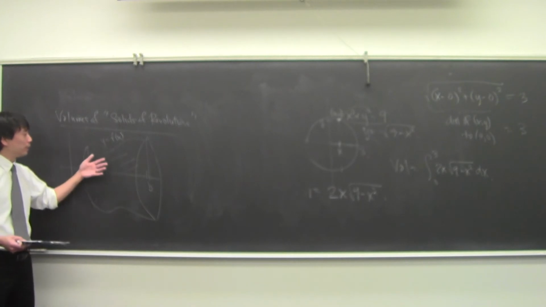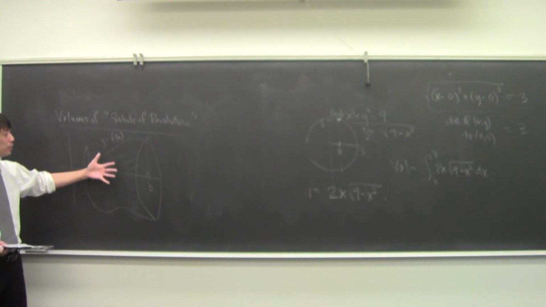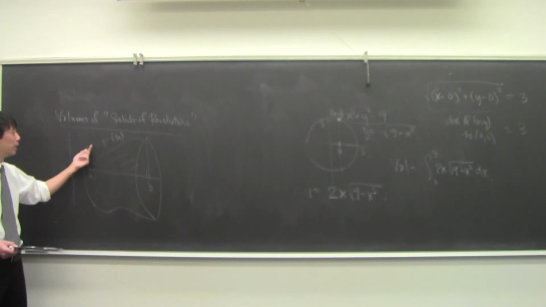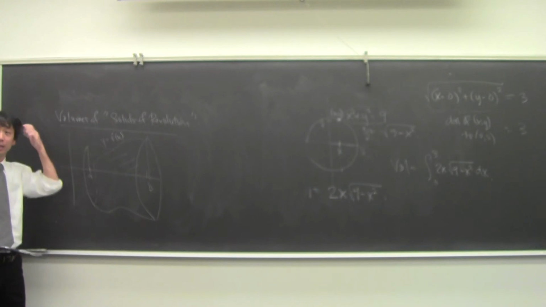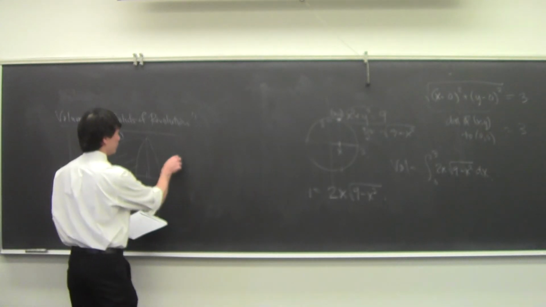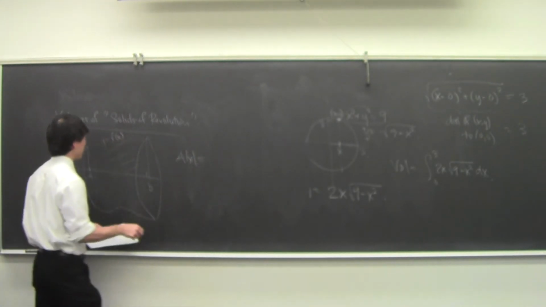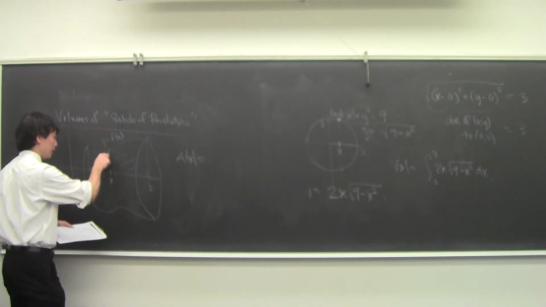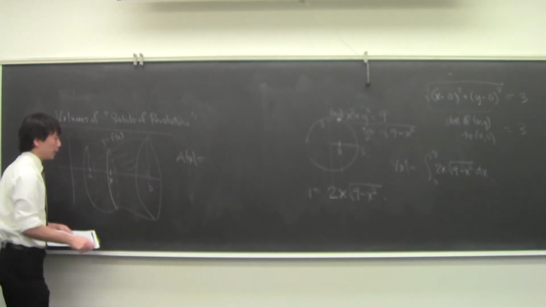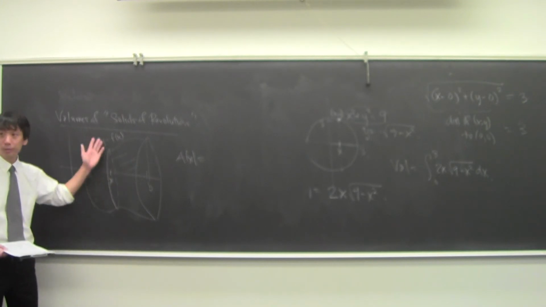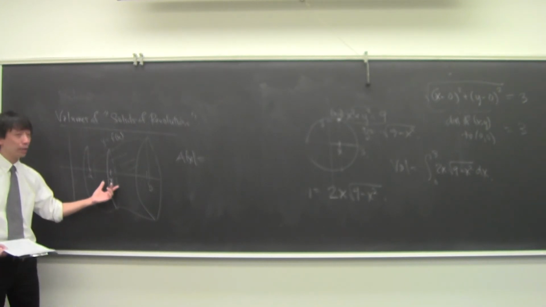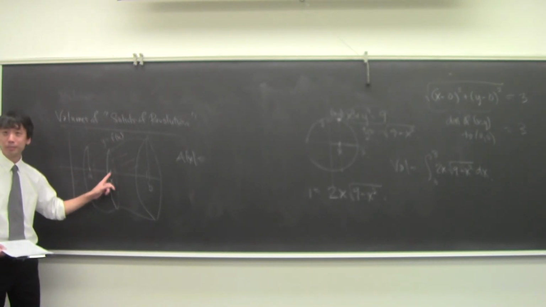So imagine that your solid is obtained by taking this curve and just rotating it around. In that case, getting the area of the cross section is easy. If this is time x, and I cut through at time x, what's the area of that cross section? It's a circle, so it's going to be pi r squared. What's r? R is f of x.